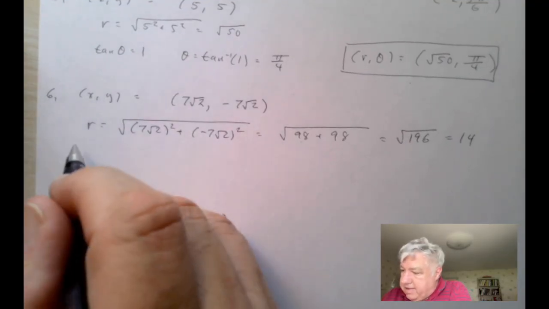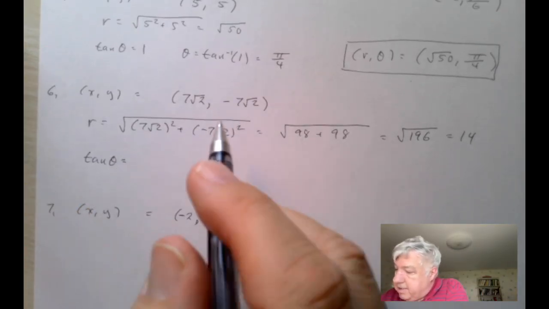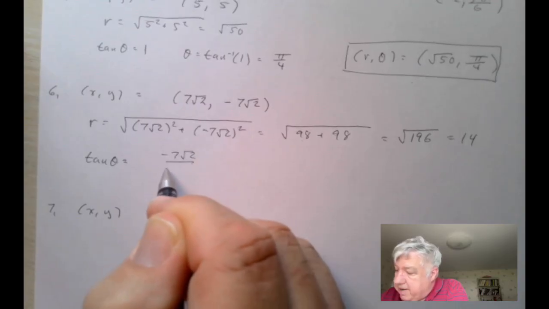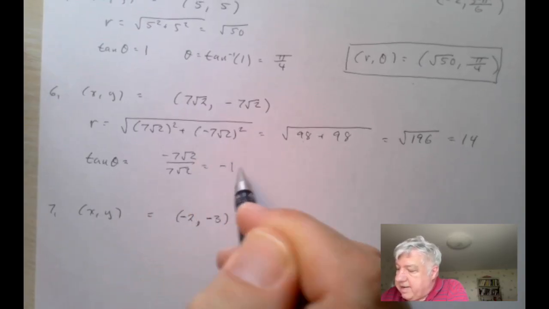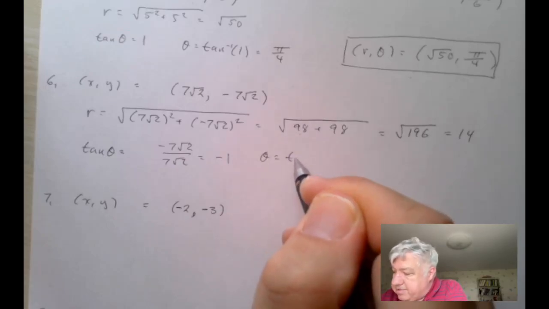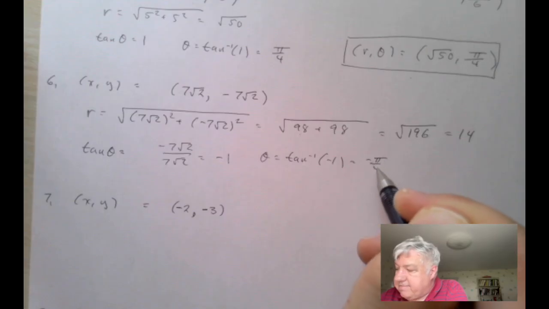And then the tangent of theta is going to be y divided by x, which is negative 1. x is positive, so theta is going to be the inverse tangent of negative 1, which is negative pi over 4.